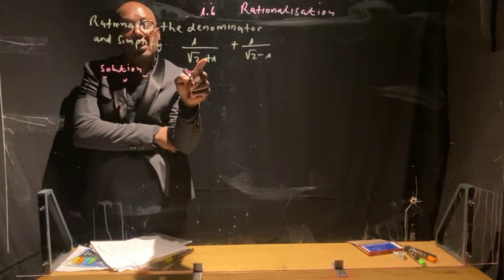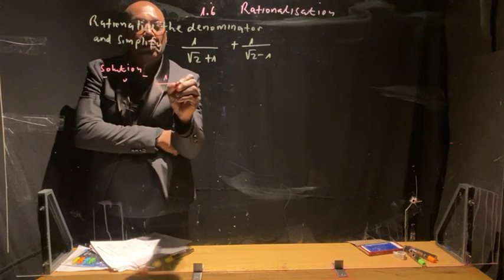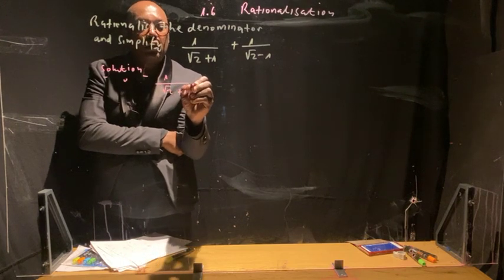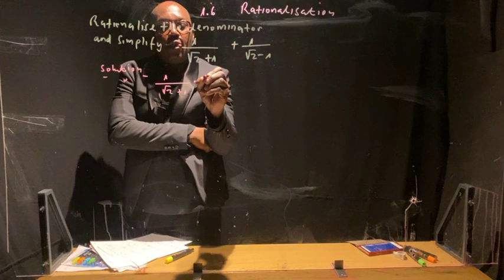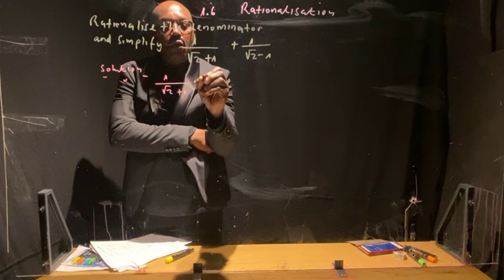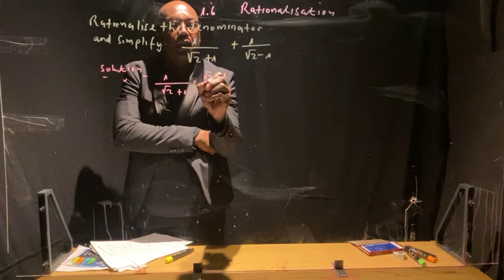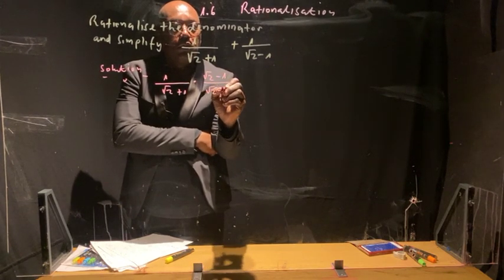We are considering this one first. So 1 over root 2 plus 1 times root 2 minus 1, we change the sign, over root 2 minus 1.